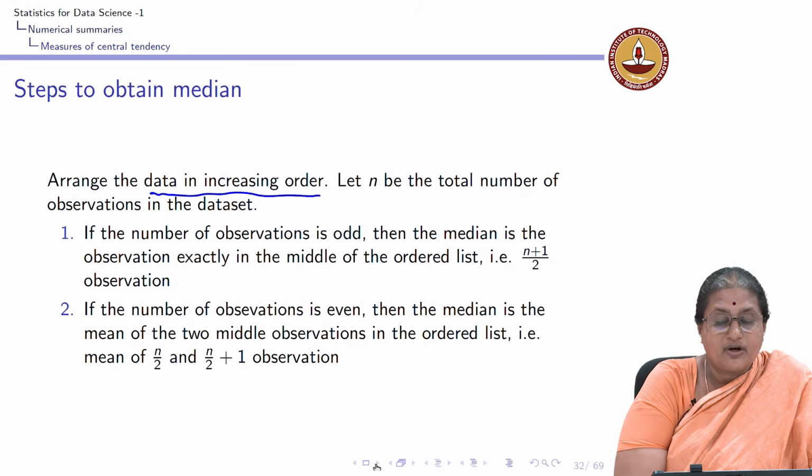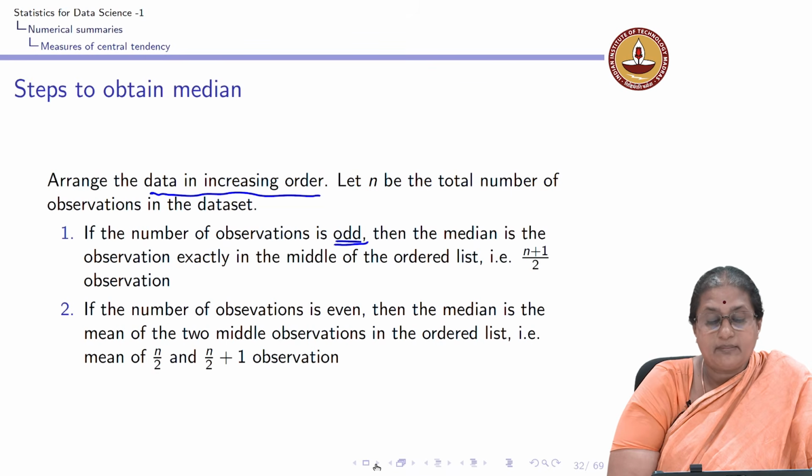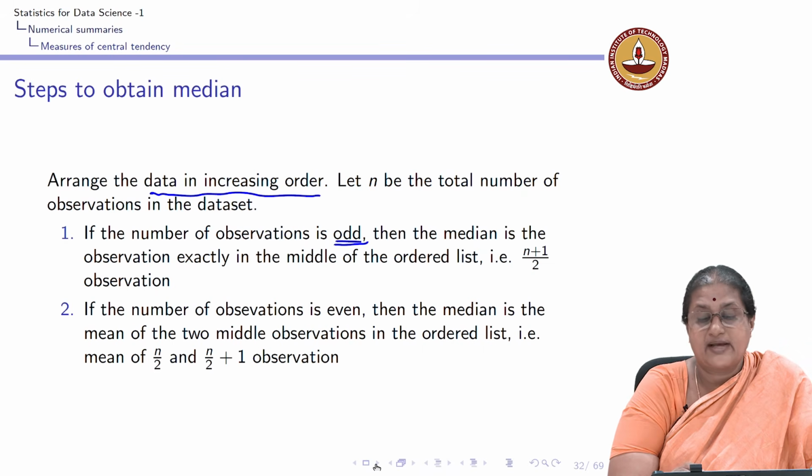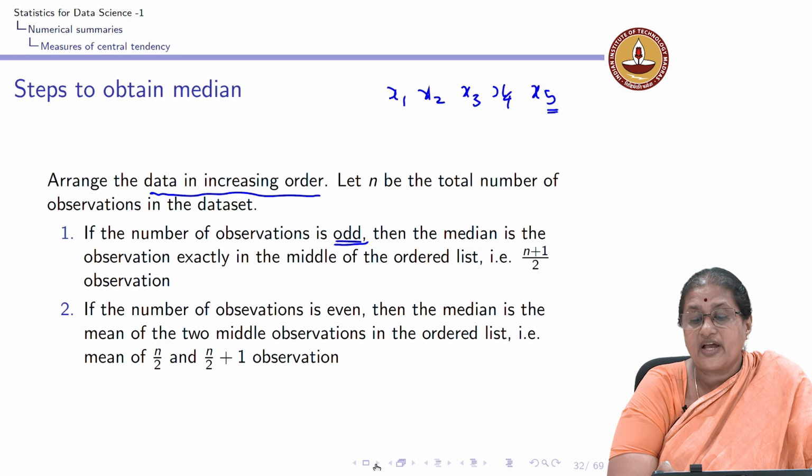If the number of observations is odd, then the median is exactly in the middle of the ordered list. For example, if my observations are x1, x2, x3, x4, x5, n equals 5, which is odd, and assume it is ordered.